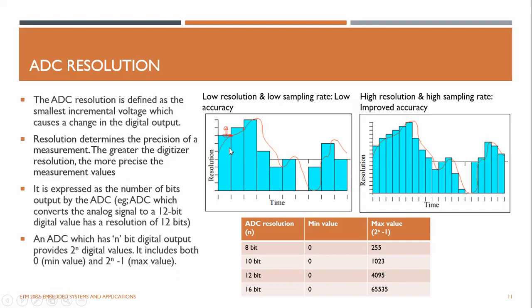With a high resolution, like 10-bit or 12-bit, you can capture small changes, so your digital value just follows your original analog signal. When you have a low sampling rate and low resolution, the signal is distorted.